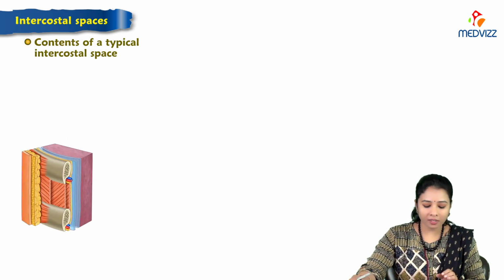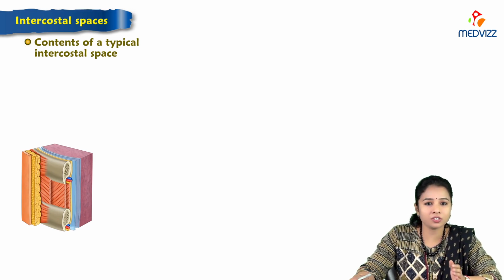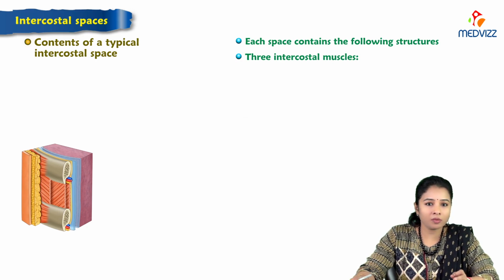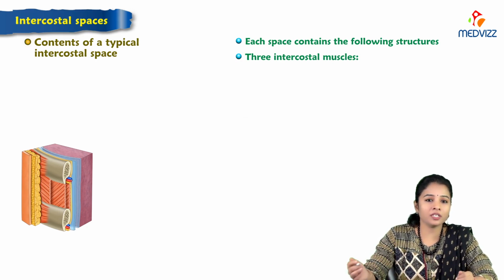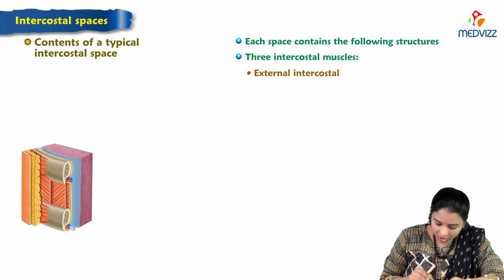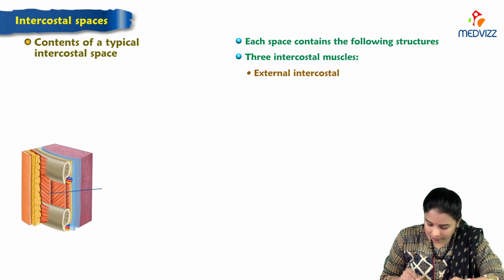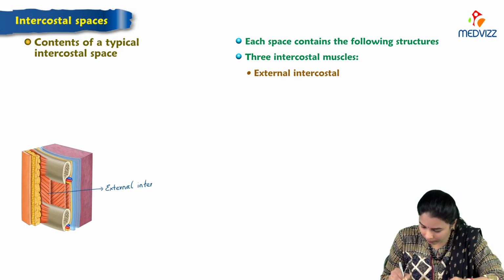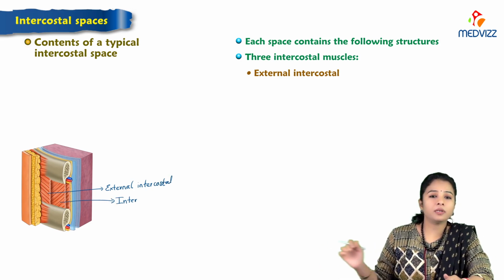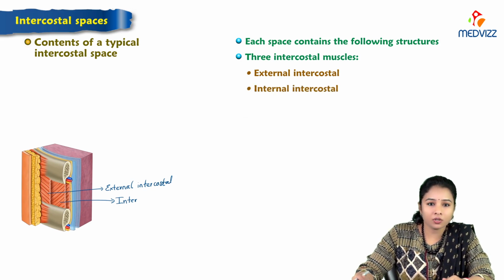Here is an image of a typical intercostal space where we can see 3 intercostal muscles. The 3 intercostal muscles present between the ribs are, the outermost, the external intercostal. The second muscle is the internal intercostal muscle.